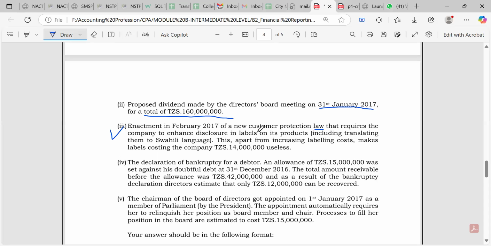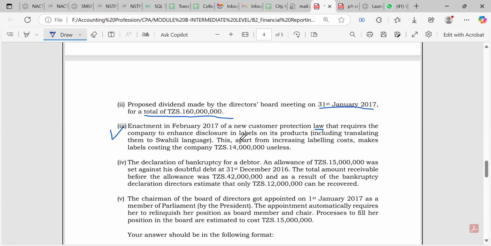Apart from increasing labeling costs, the new labels cost the company 14 million. So you also have to look at how to treat this 14 million.